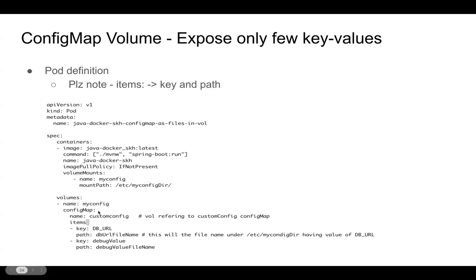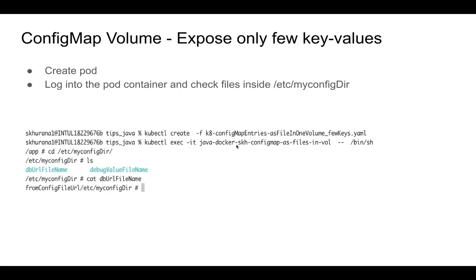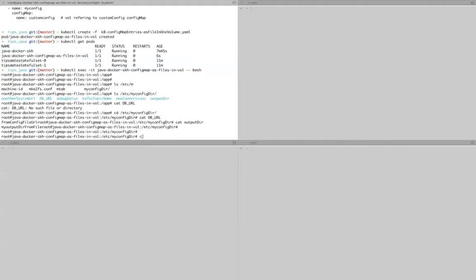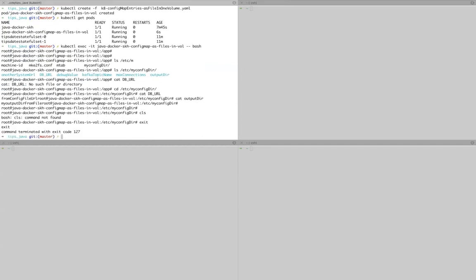The only thing you are going to do is mention the items in the volumes, that I want to expose only DB URL and debug value. I don't want to expose any other config map entry in the volume. So let's see that also. This is the few keys file. Let me exit out of this pod first.